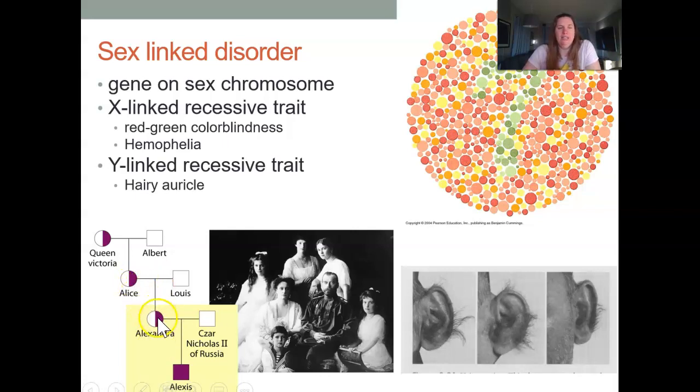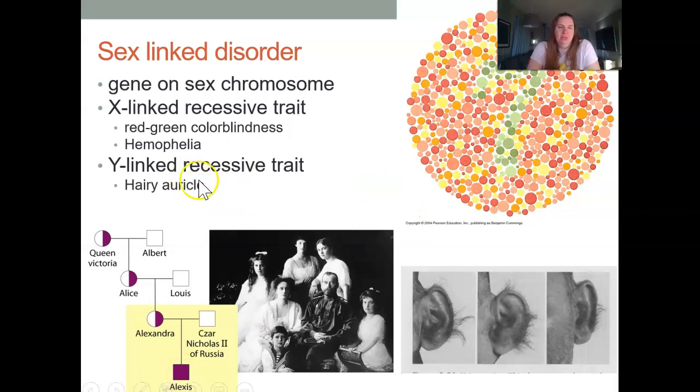Alice passed it along to her daughter Alexandra, and then when Alexandra married Tsar Nicholas of Russia and they had a son, Alexis, he only had one copy of this recessive allele, but his Y chromosome didn't protect him from it.